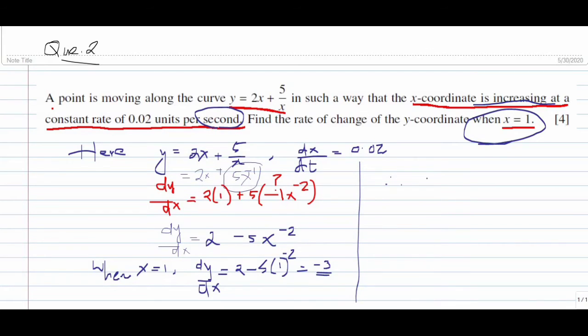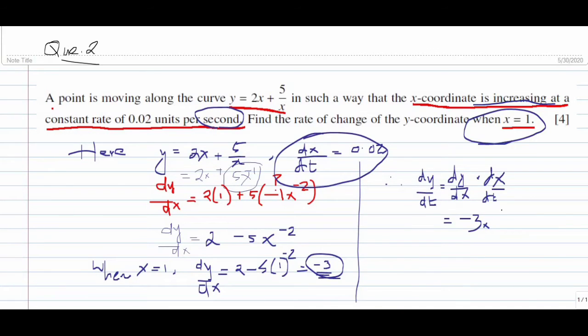Now we can find the rate of change of y with respect to time, which is dy by dt is equal to, use the chain rule, dy divided by dx multiplied by dx by dt, which is equal to dy by dx, minus 3, multiplied by dx by dt given in the question, which is 0.02. So we get the answer as minus 0.06.